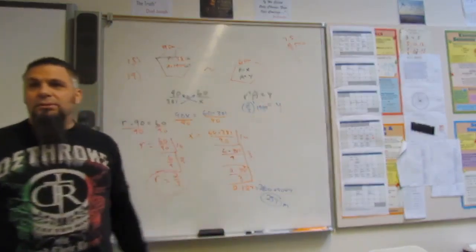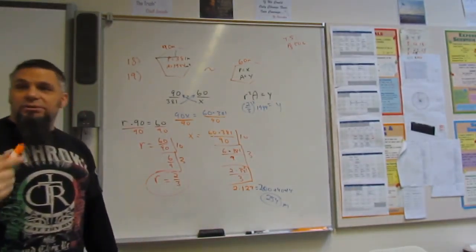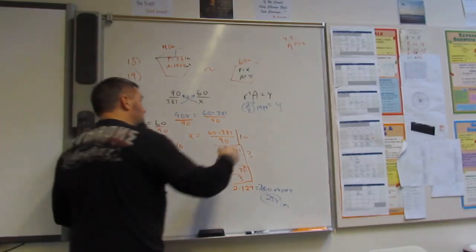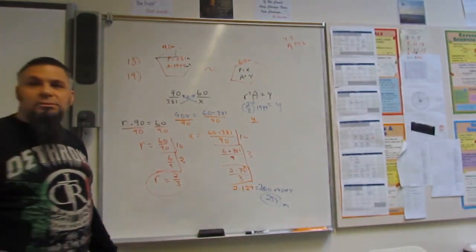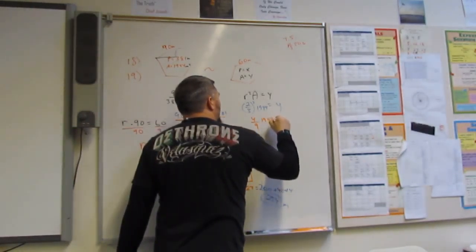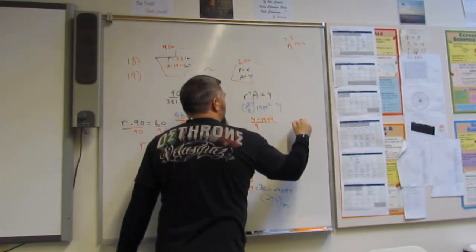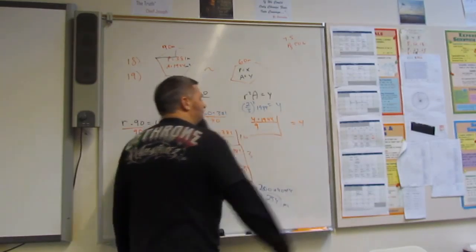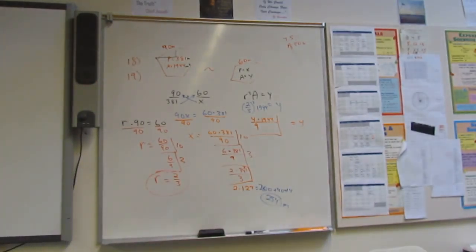But the A in this case is 1944. And what is r squared? Well, it's 2 times 2 and 3 times 3. So 2 times 2 is 4, and 3 times 3 is 9. Times 1944. Now, we still have to do that upside down division, right? And the 4 and the 9 don't break down.